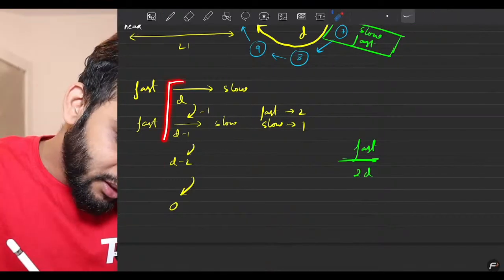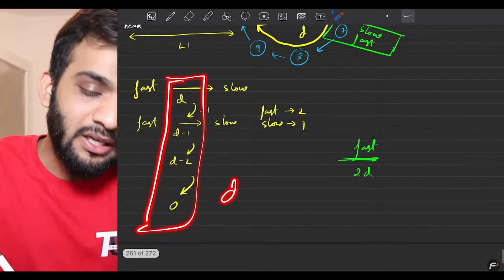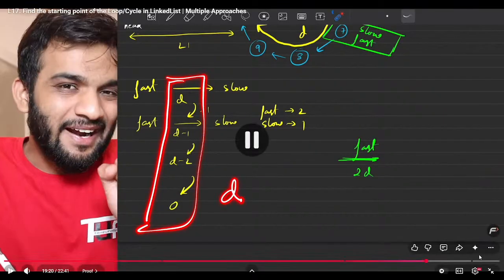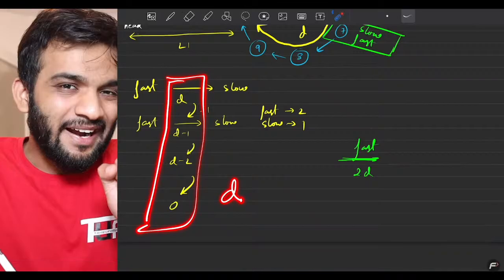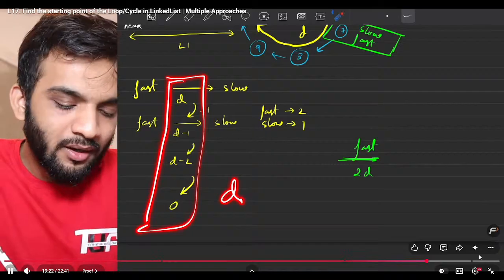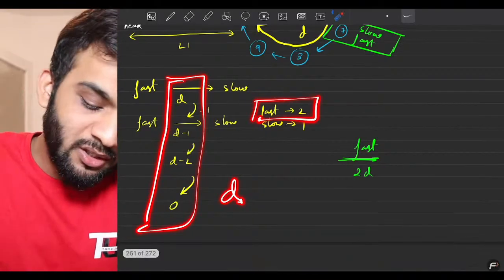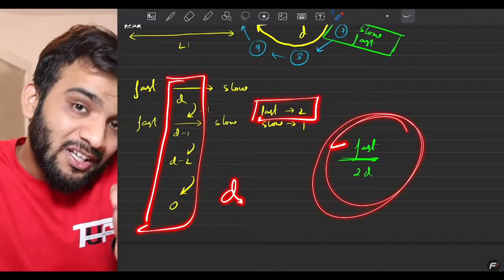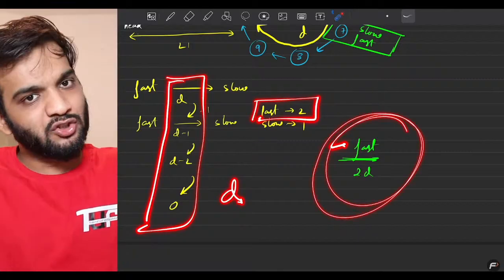Because if the net distance was D, which was to be covered, it is getting reduced by 1, 1, 1, 1. And every time I was taking 2 steps. So the overall steps the fast would have taken is 2D.